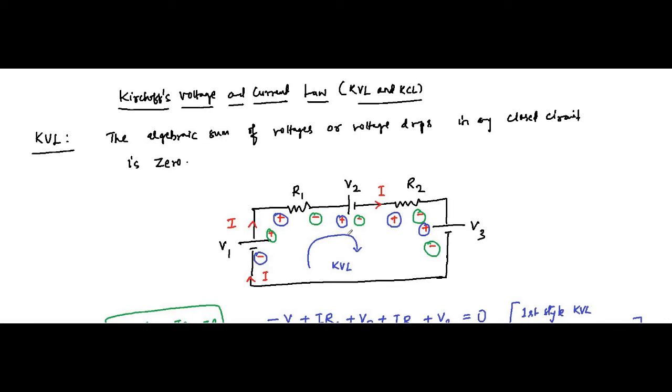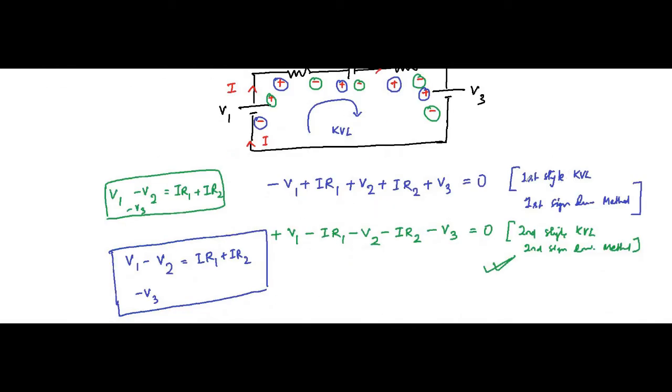Whatever style you adopt, whether it is first sign or second sign dominating method, stick with it and write all the equations in that style, otherwise you will get confused. You will write one loop's equations in one method, another in some other way, it will get mixed up and the result will be wrong. So always stick to one method. So this is the KVL.